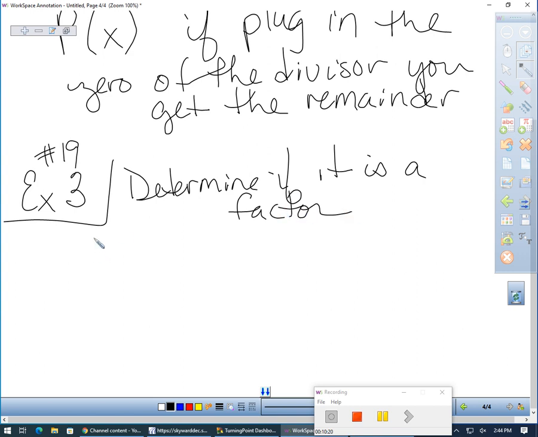So if I have the polynomial x to the third plus 4x squared plus x minus 6, and I'm dividing by, let's do x minus 3.